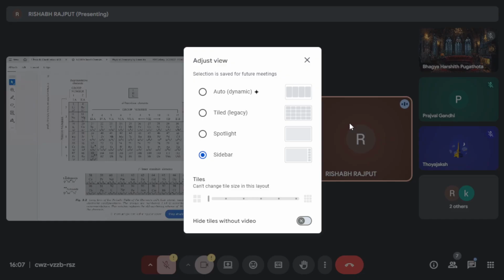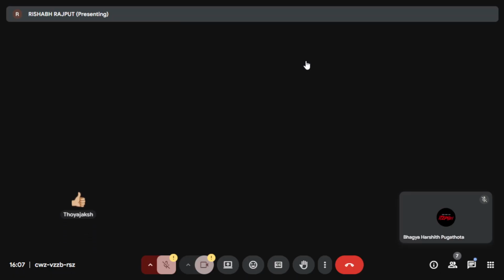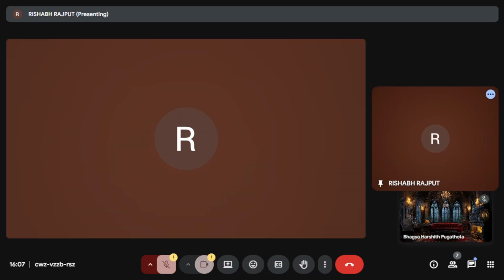Now I'm writing here: electronegativity will increase in the periodic table from left to right, and if you go from up to down, electronegativity will decrease. Guys, do you understand the meaning of electronegativity?